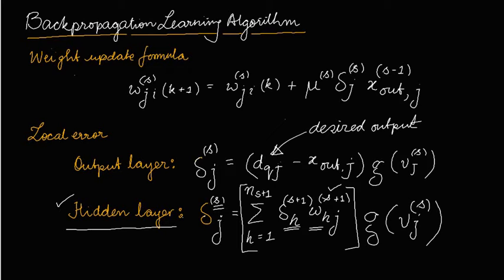Their sum is taken and that sum is multiplied with the derivative of the activation function at the same layer, and this corresponds to the neuron index. So delta of the next stage is required to evaluate the delta of the current stage.